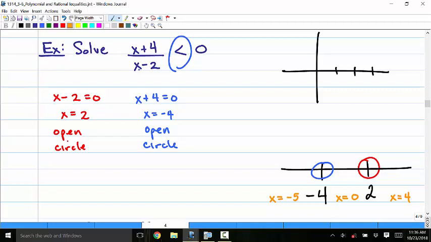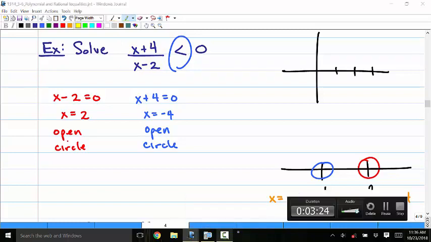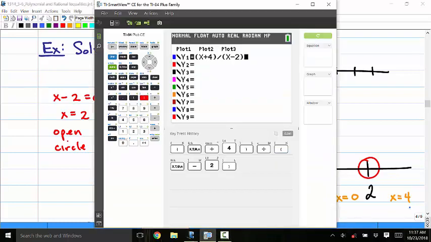Okay, go put this into your calculator. See what you get, and then type in these values and see if you get positive or negative. When I enter it on my calculator, I have to make sure the numerator's in parentheses and the denominator's in parentheses, yes? Okay, hit graph.